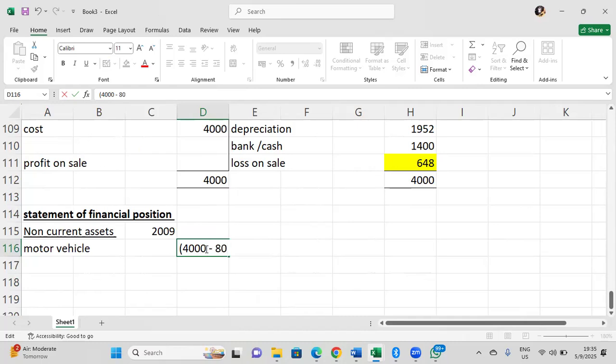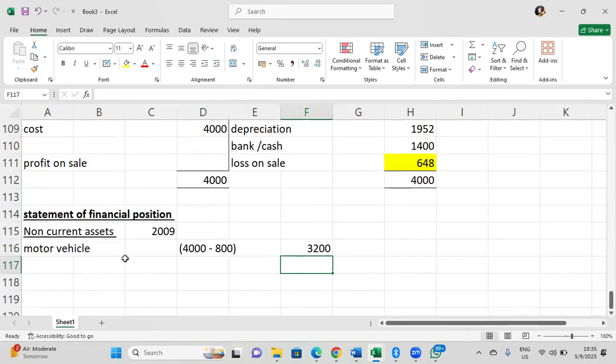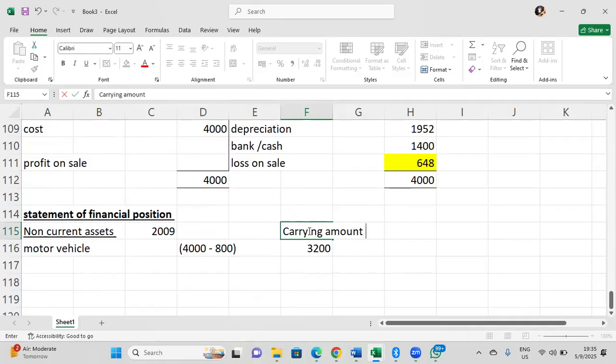We removed the depreciation, so we are going to have 4,000 minus the 800. So first year, this is what we call the net book value or the carrying amount of the asset.